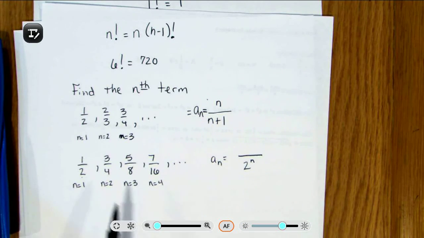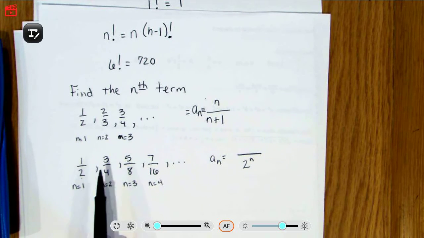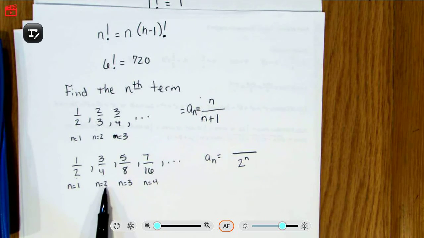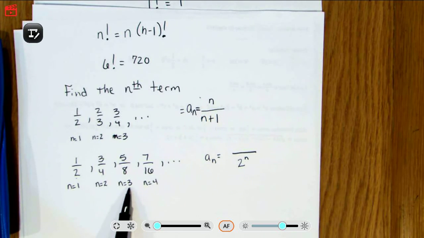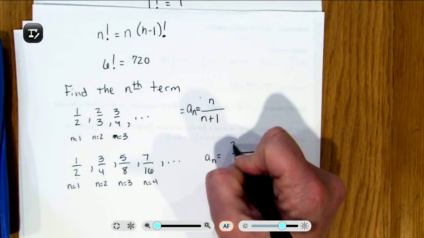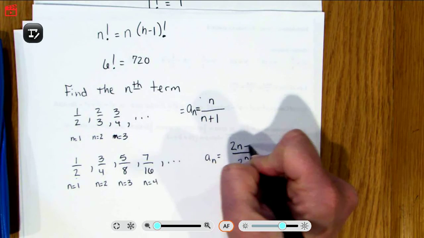The top, if you look at it, if I take this 2 and multiply it by 2, subtract 1. Take the 3, multiply it by 2, subtract 1. Take the 4, multiply it by 2, subtract 1. So I can write my top as 2n minus 1.